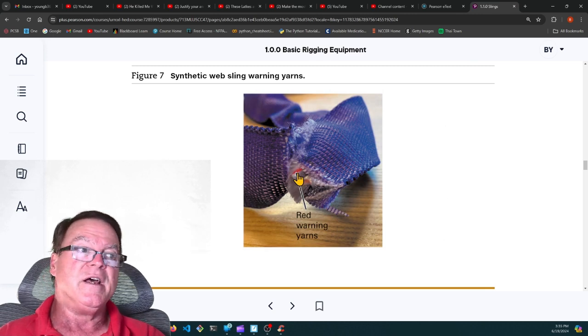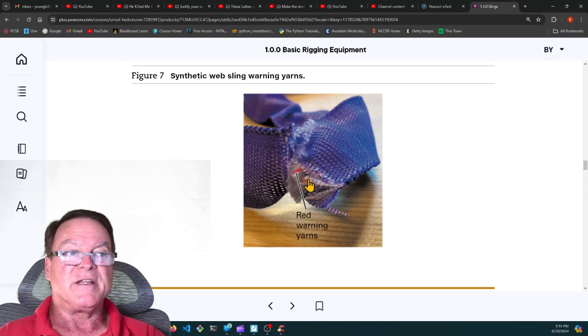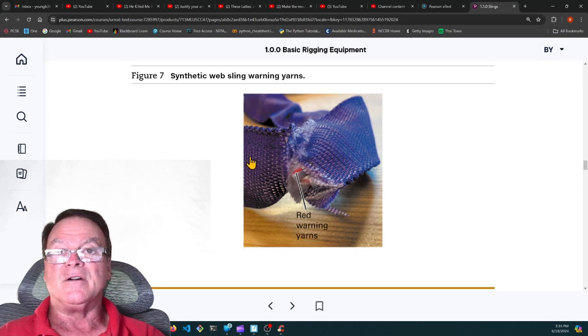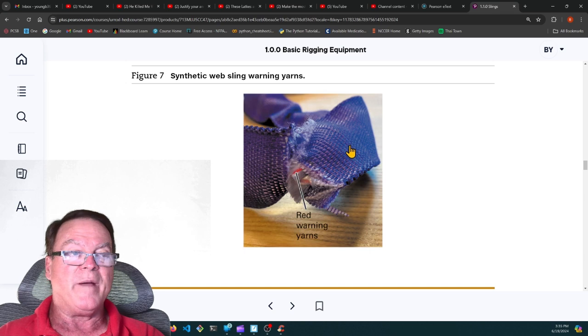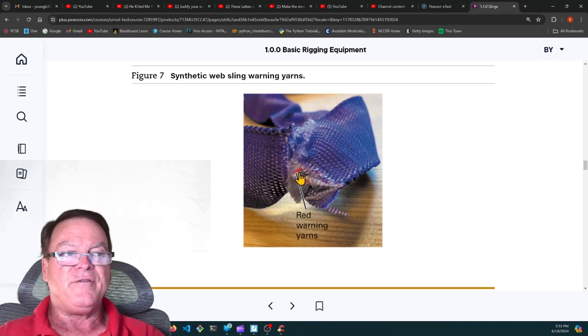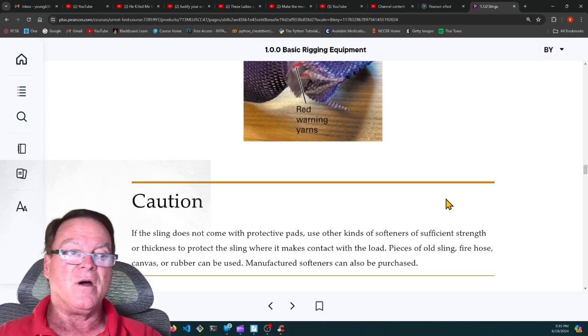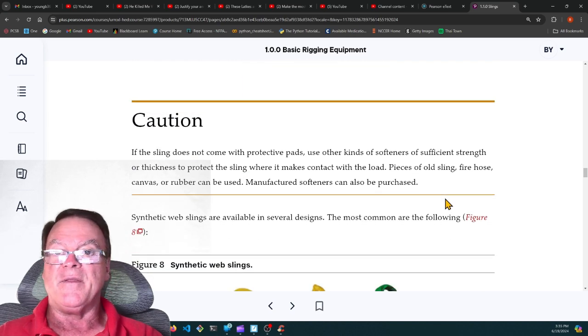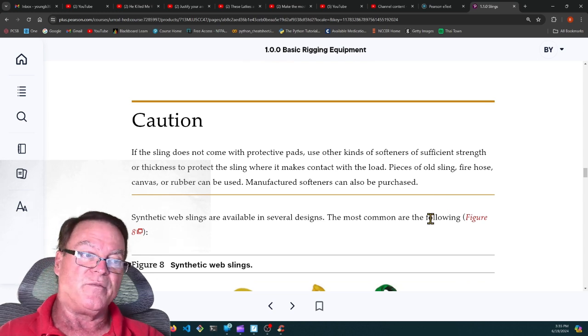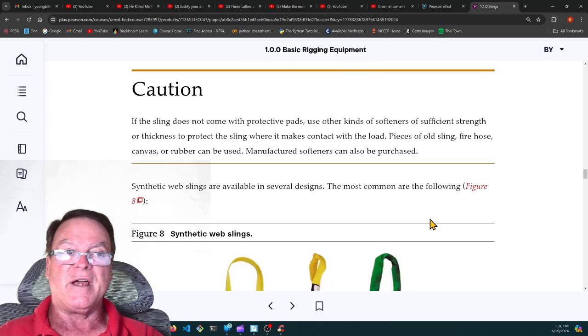A lot of times they'll have some red yarn inside the sling, and then they'll have a different color of webbing on the outside, yellow or green. And then if you see any of the red strands, the sling needs to be discarded. You can't use it. It's undergone some trauma, and that's why you can see the fibers inside.